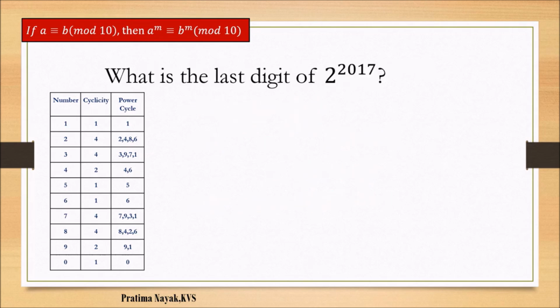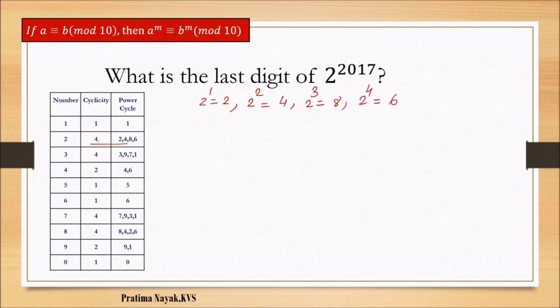Next, what is the last digit of 2 raised to the power 2017? So for this, let us see the cyclicity. It is 4. That means after 4 it will repeat. So it will go on. 2 to the power 1 is 2. 2 to the power 2 is 4. 2 to the power 3 is equal to 8. 2 to the power 4 is 16.